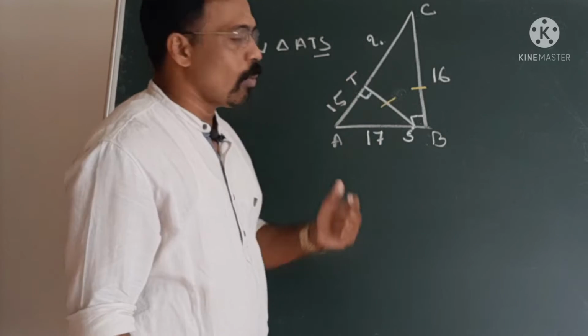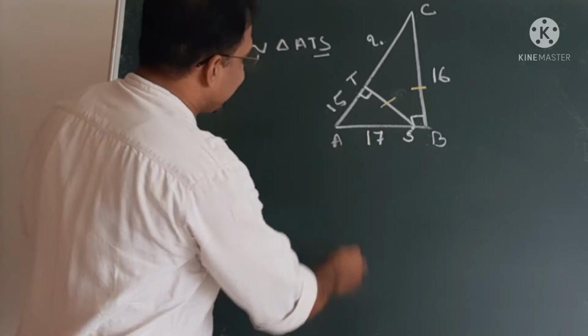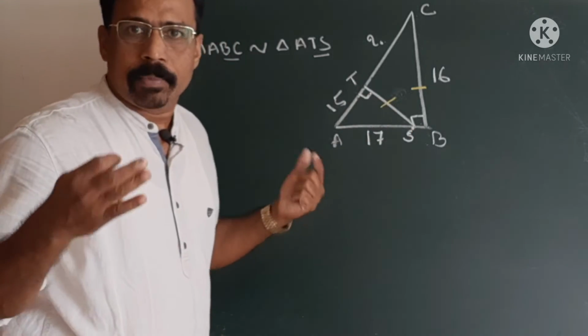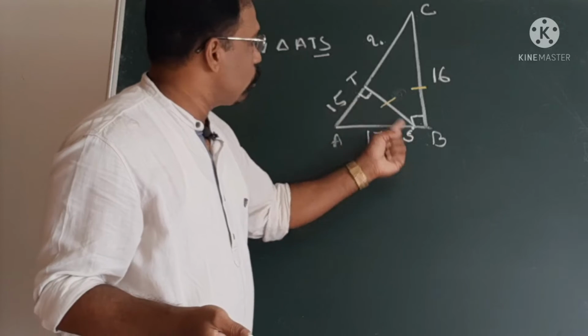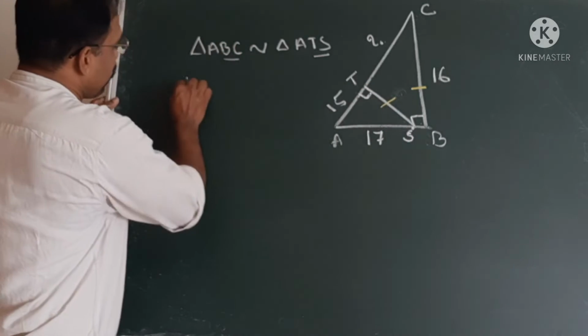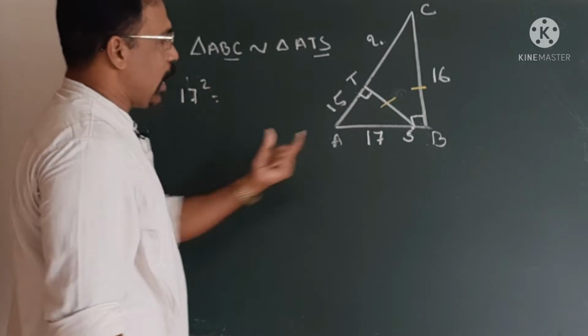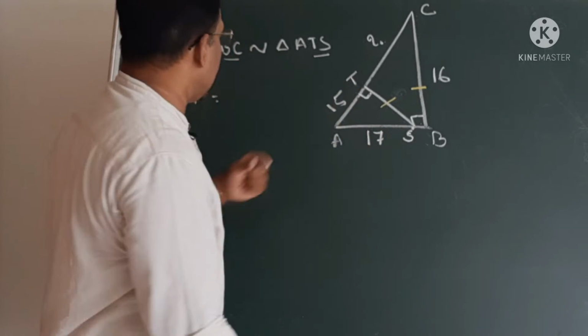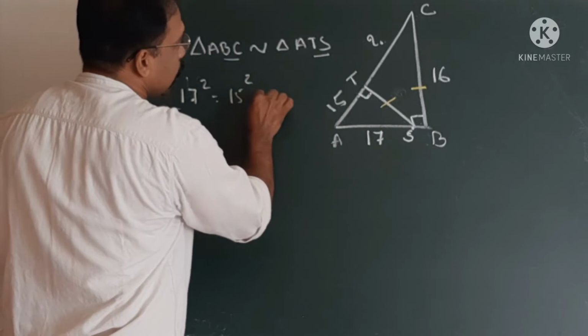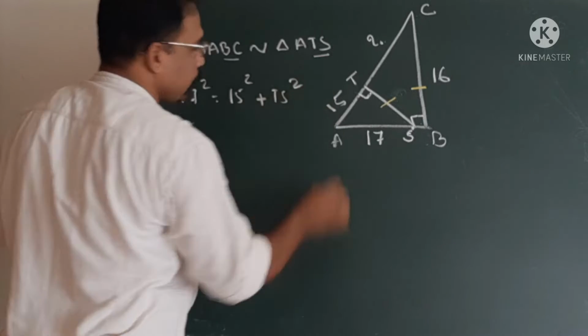Now how to find out the value of TS? So in triangle ATS, this is a right angle triangle. So we can find out this TS. So 17 square, that is the hypotenuse square, is equal to the sum of the other two squares: 15 square plus TS square.